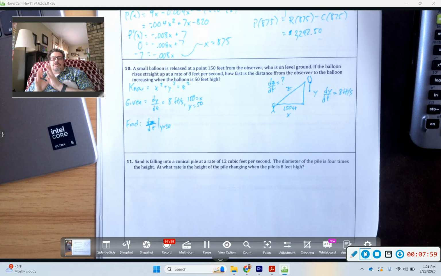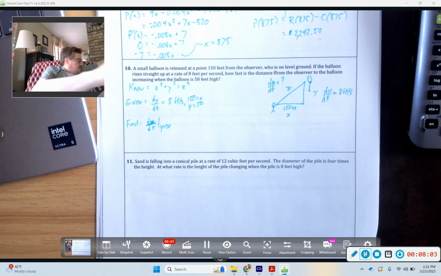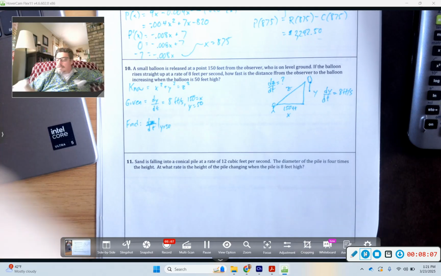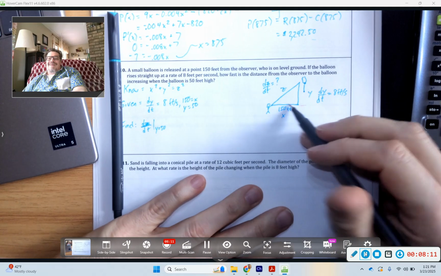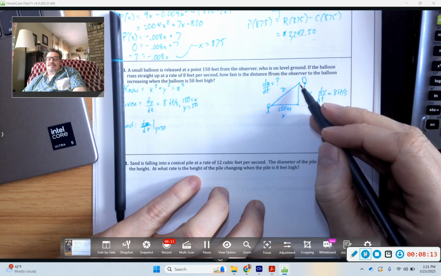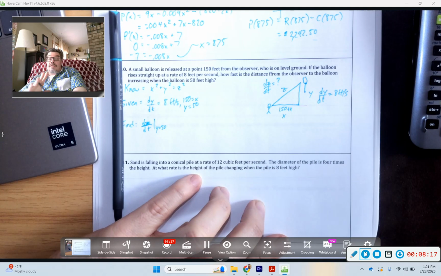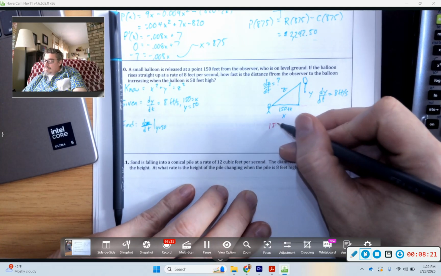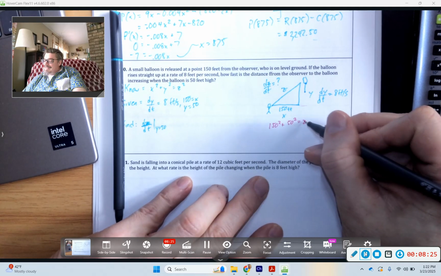Okay, two things. Let's figure out, when this guy's 150 and this guy's 50, how far is z? We can do that just using geometry. We know that 150 squared plus 50 squared is going to give us z squared.